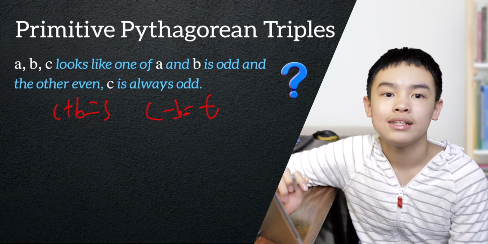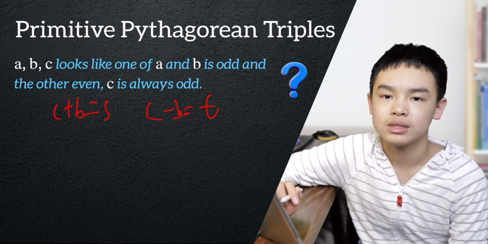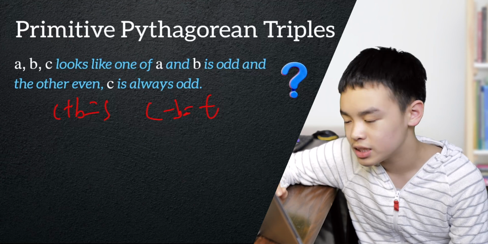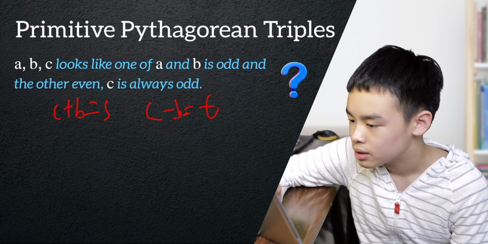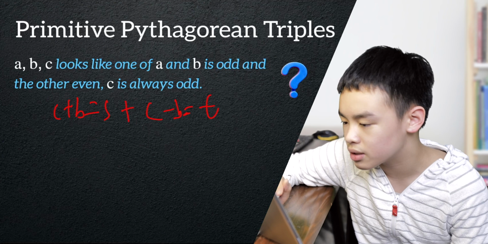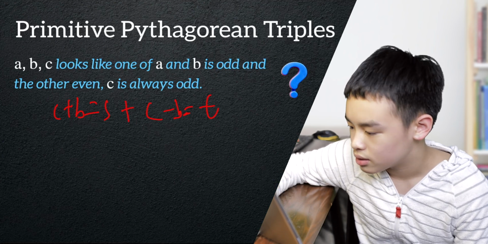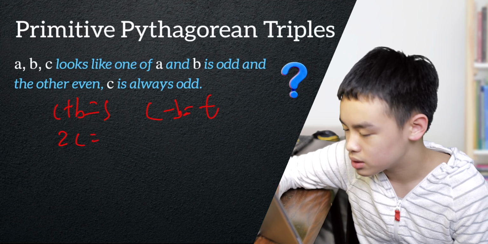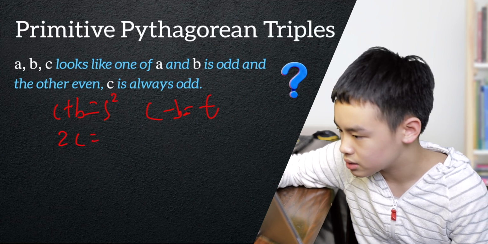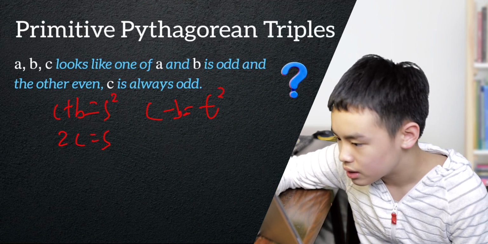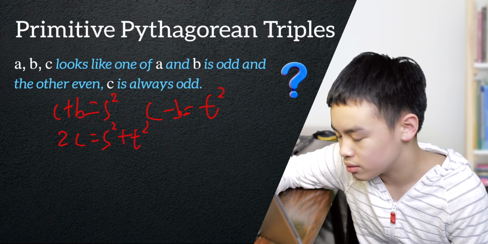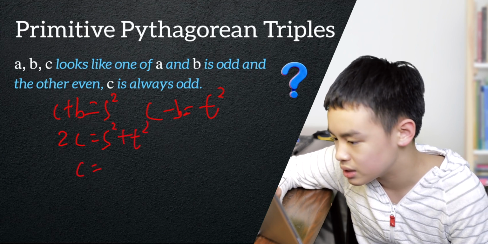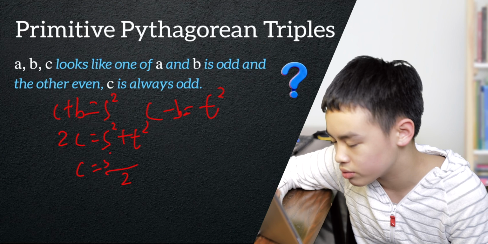So now we'll find C and B, and we'll get them independently. Let's add these two equations together. We'll get 2C equals S squared plus T squared. Then C is (S squared plus T squared) over 2.